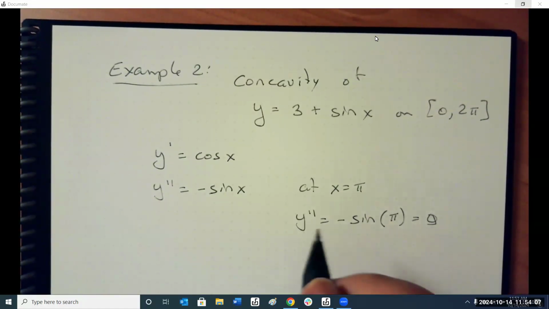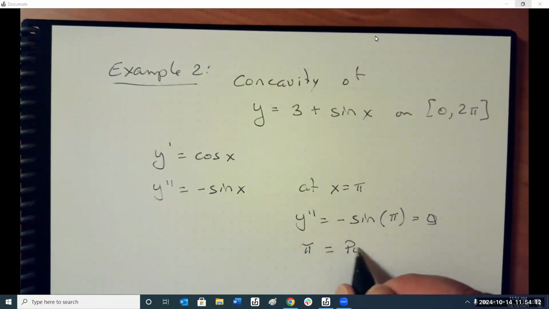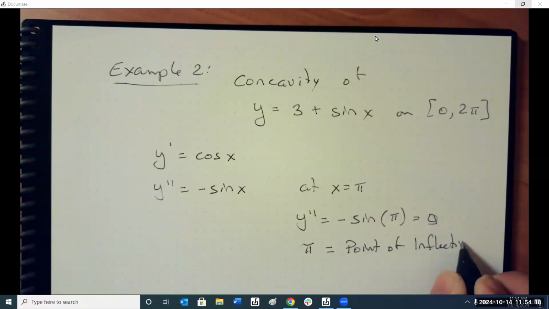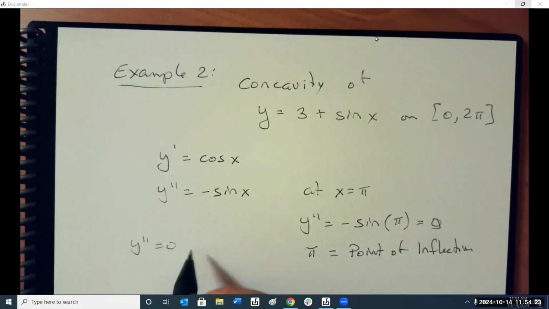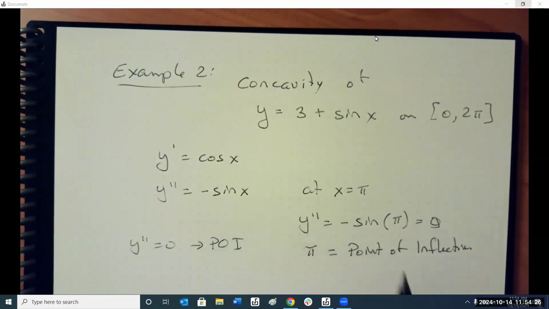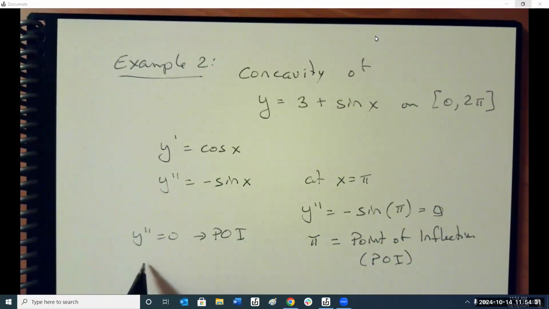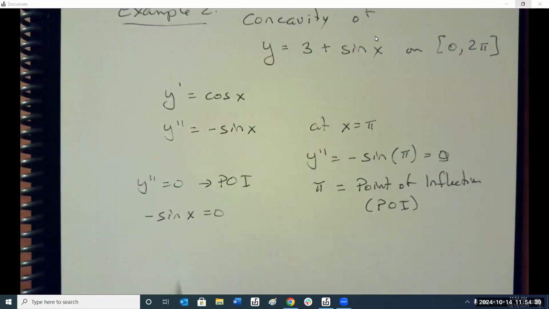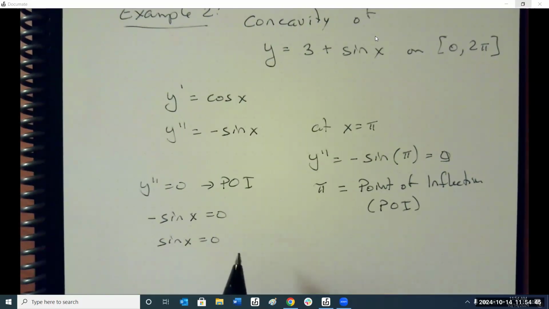Actually, it does. It tells us that pi is the point of inflection. Remember, if you take the second derivative, set it equal to 0, that gives you the POI. So if we took negative sine x and set it equal to 0, change the signs, so we have sine x equals 0.